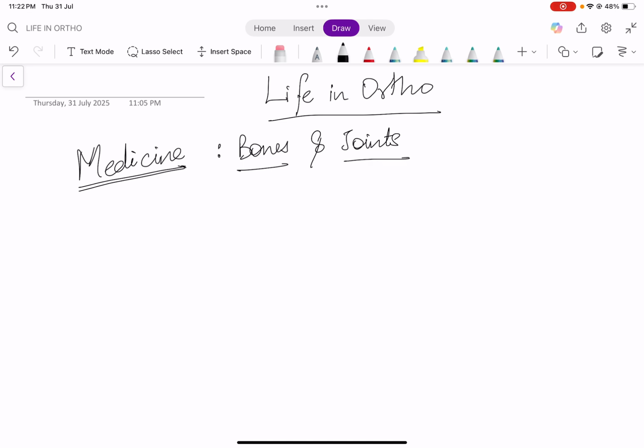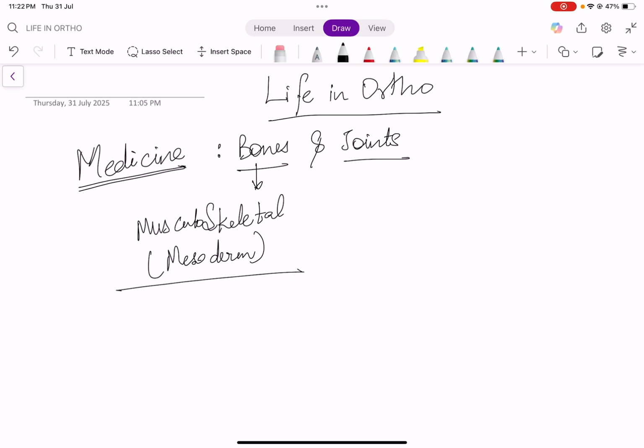Now, bone is a skeletal tissue, or you can better rhyme it, musculoskeletal tissue derived from the mesoderm, lending mechanical strength to the body. Okay, so this is the structural component.